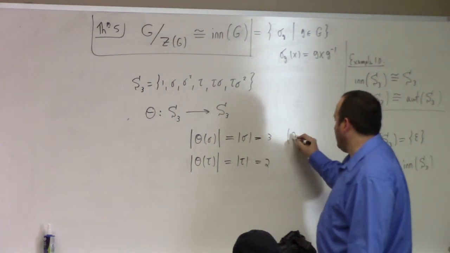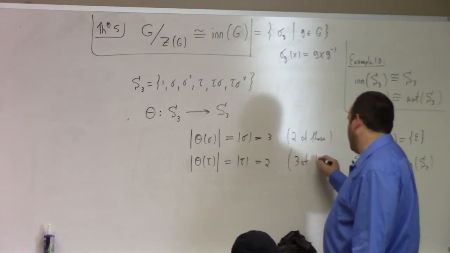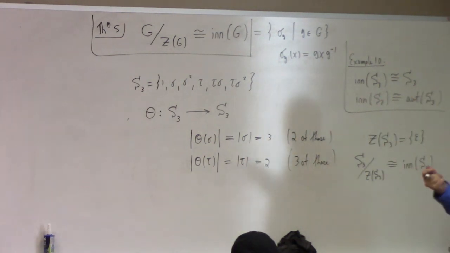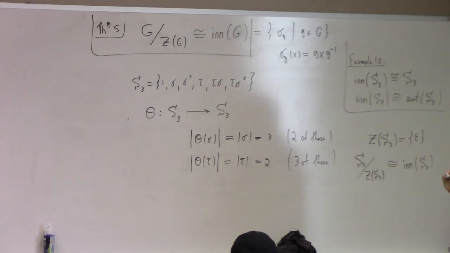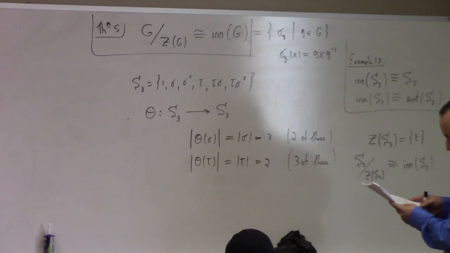There are 2 elements of order 3, sigma and sigma squared. There are 3 elements of order 2, tau, tau sigma, and tau sigma squared. And so if you count, there are at most 6 automorphisms. The automorphism group has to be of order at most 6.